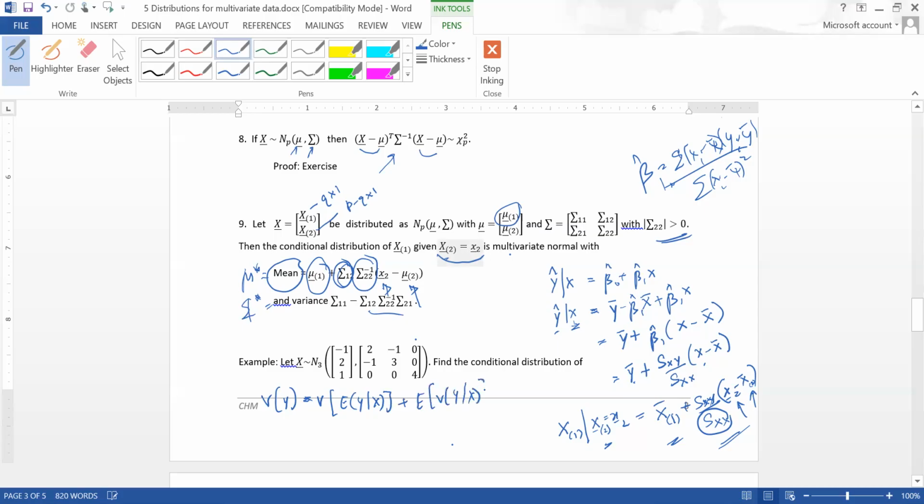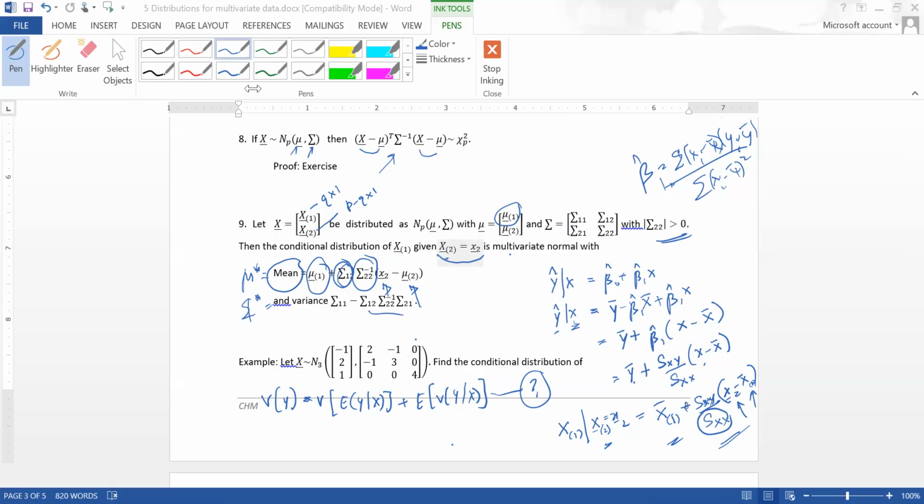Do you remember something like this that you learned, with conditional expectation and variances? Yes or no, at least. I think in first year you may have it.